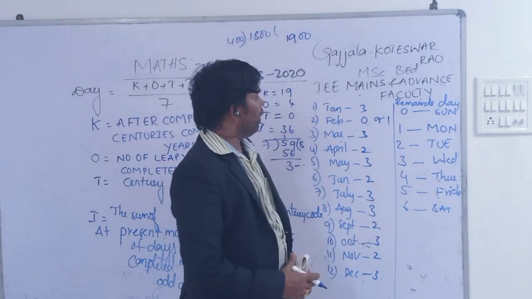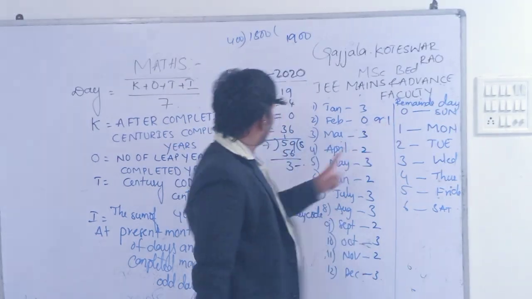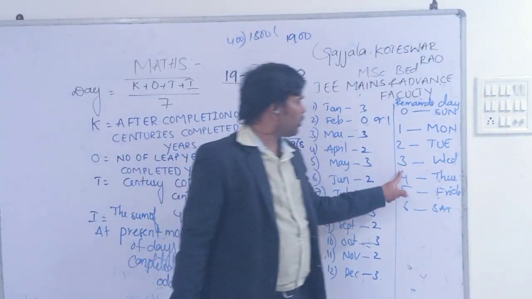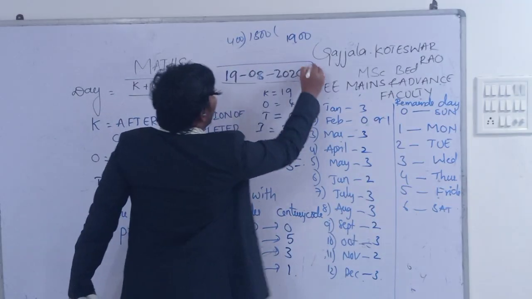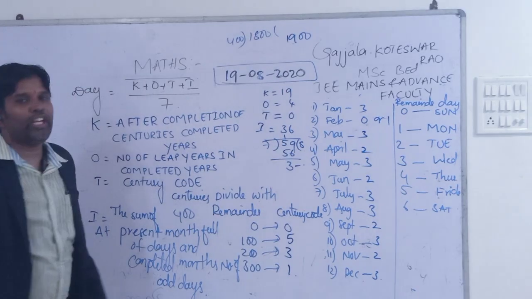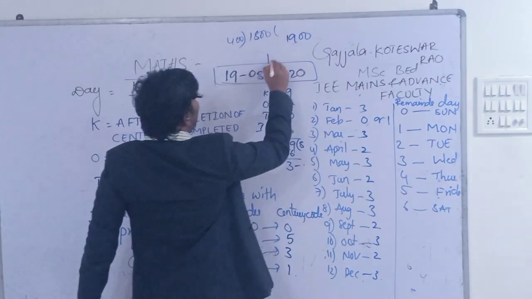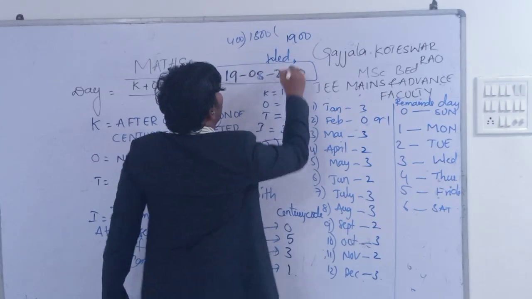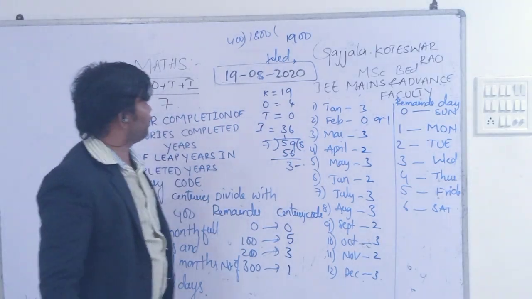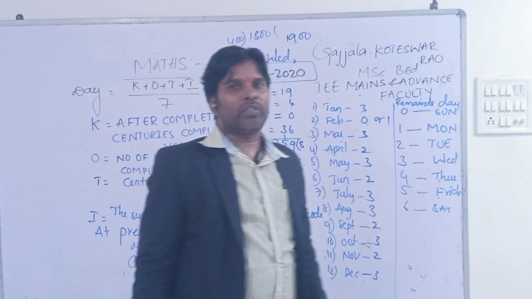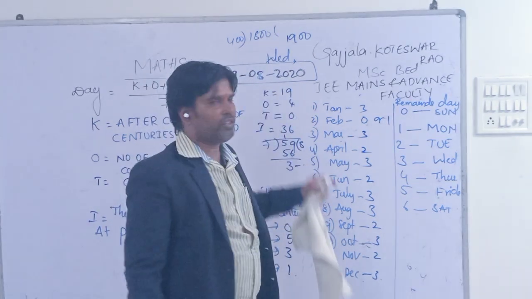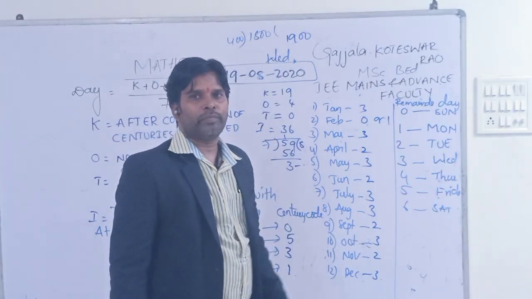That's simple. Here the remainder is 3, so 19/8/2020 is on which day? It comes on Wednesday. Is it clear?